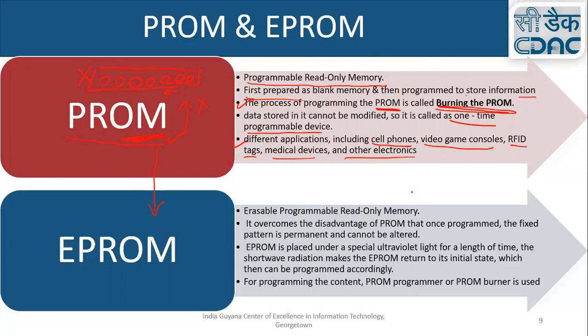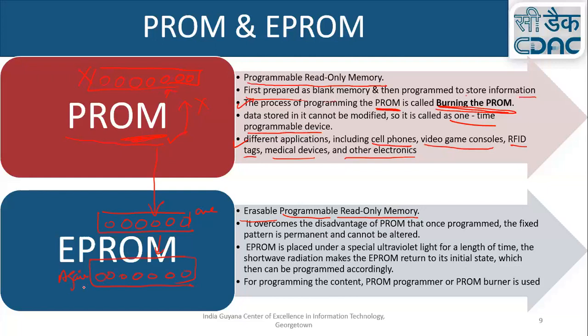What is EPROM? It is erasable programmable read-only memory. Here, after writing a program once, you can erase it. It again goes to empty, and then you can write your program again.